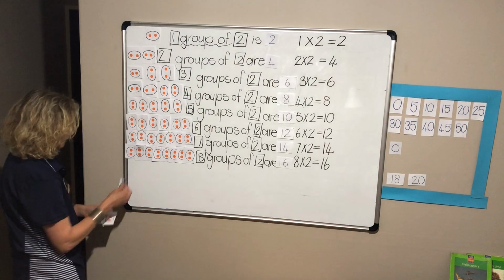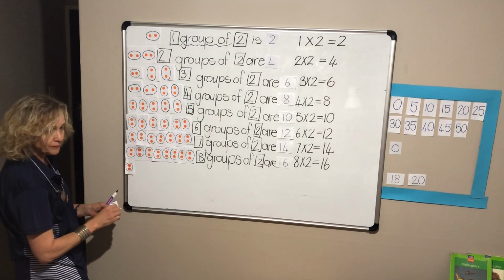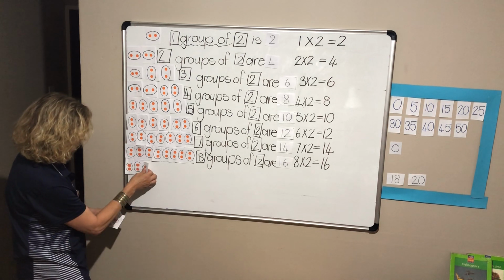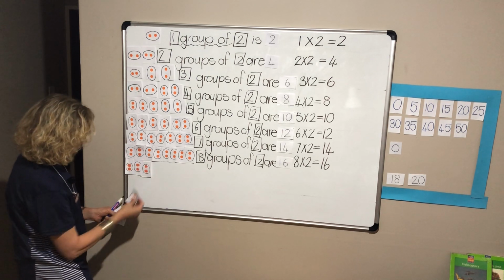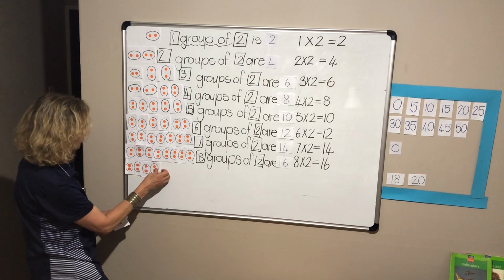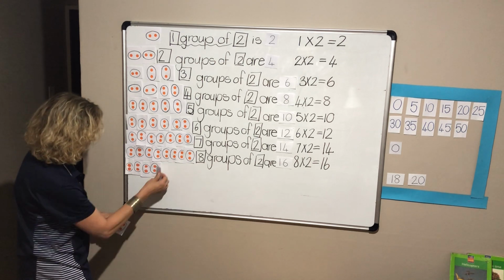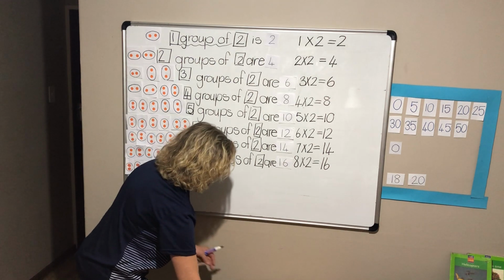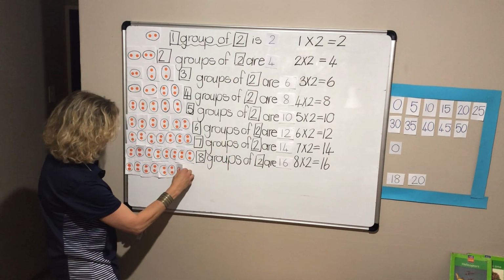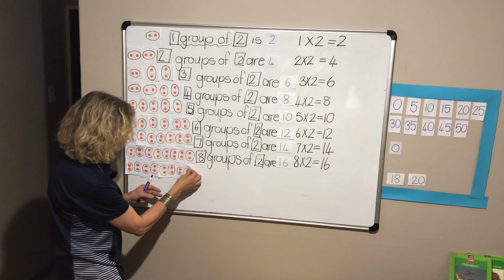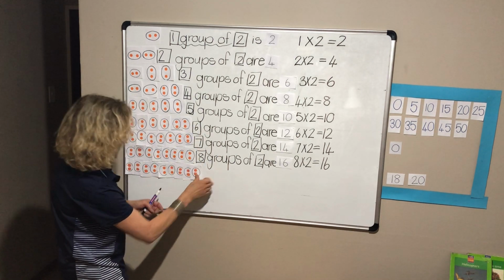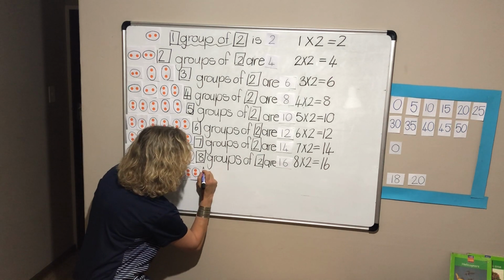Let's see. Let's hope. 1, 2, 3. I'm counting the groups. 4, 5, 6. Oh, 7, 8. Yep. 9. 9 groups of 2.